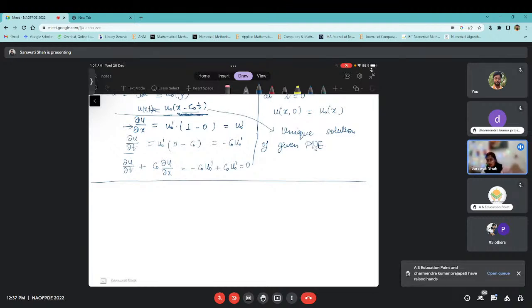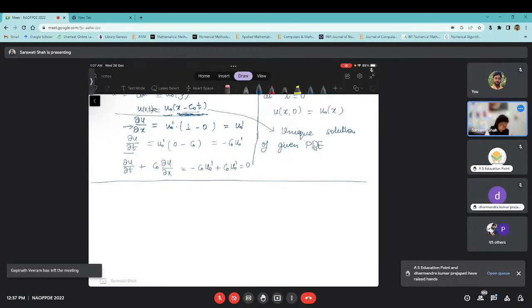You drop some color at some point, then that color will start to propagate with the direction of the stream, that is, from left to right. So that kind of phenomenon with a constant speed, suppose that speed is c naught, is represented by del u over del t plus c naught del u over del x equals 0.